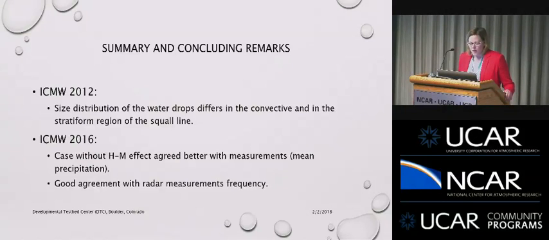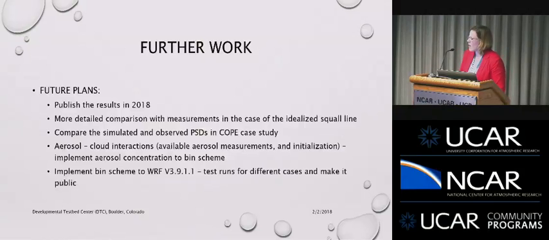In the 2016 real case study, without the Hallett-Mossop effect, we have better agreement with the measurement in the amount of precipitation, but the radar measurements are really close to each other in all cases. It's a little confusing, but we are still working on this project, so we need to check the results in more detail. So these are our further plans.